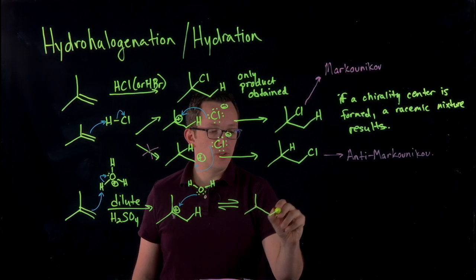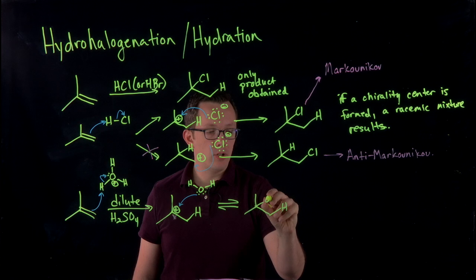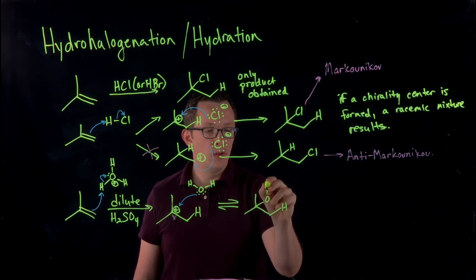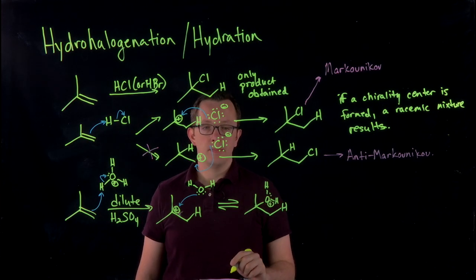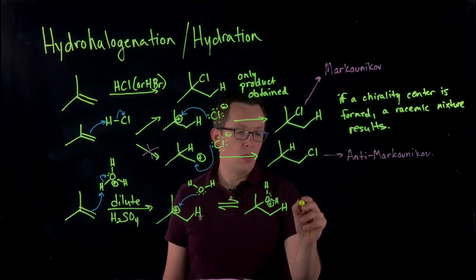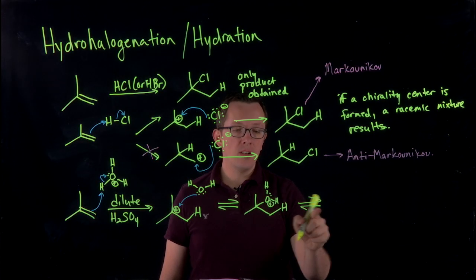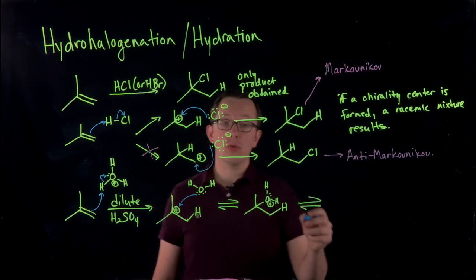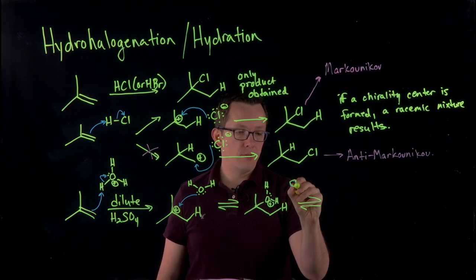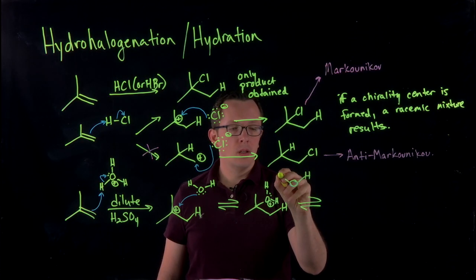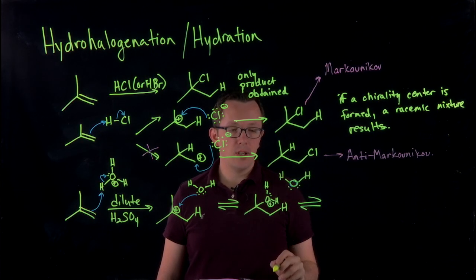And we're going to form our next intermediate, where we have a new carbon-oxygen bond, where we essentially have a protonated alcohol. Okay? And in a final step, we're just going to do a proton transfer to sort of clean up our structure so that we have a neutral structure at the end.